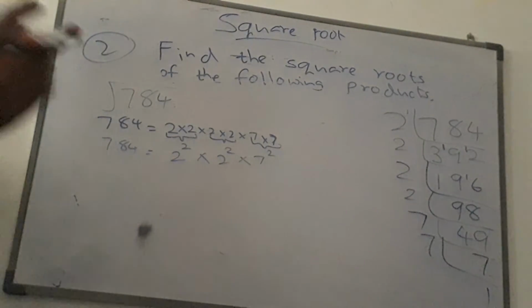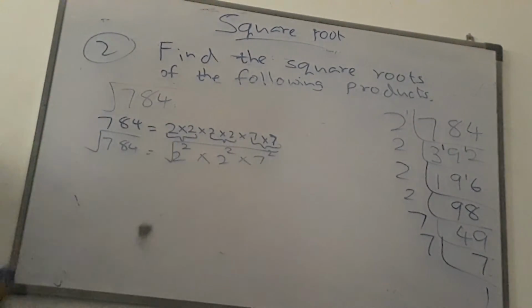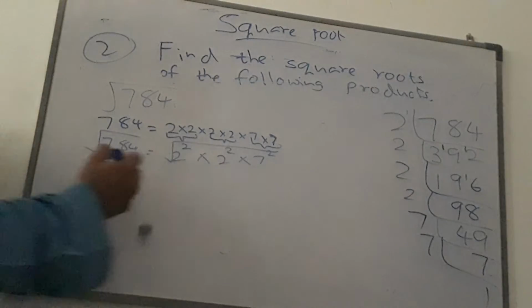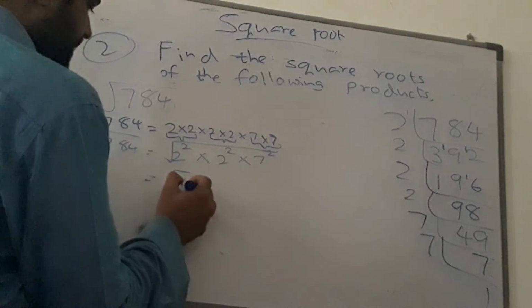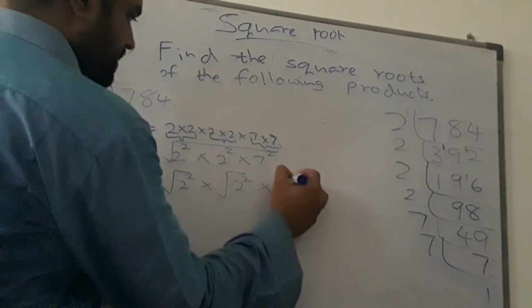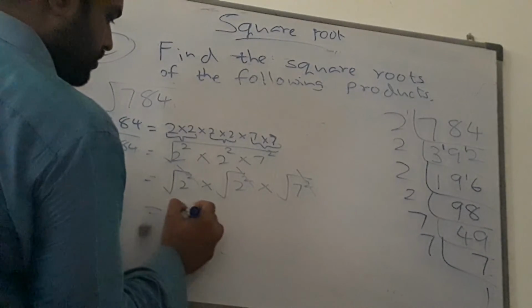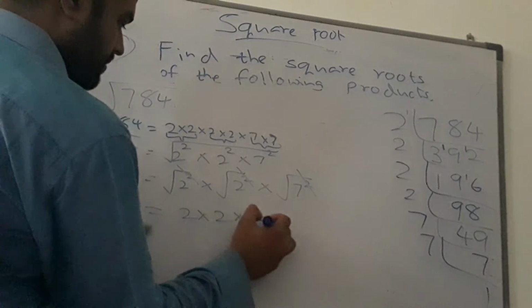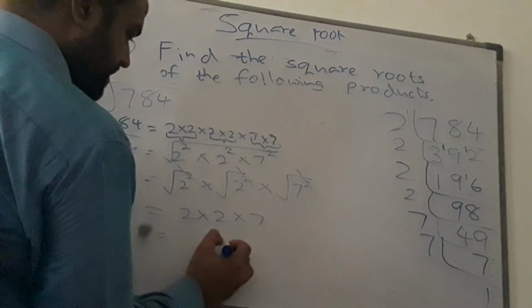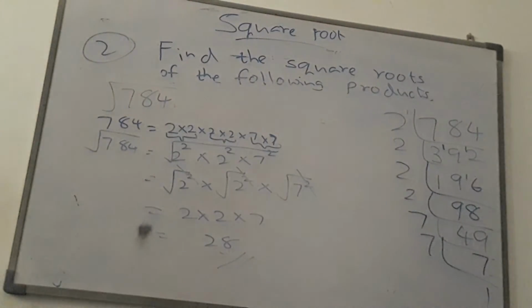Now I am going to find the square root of both the sides, here and here. So we can write it like this. We can break it: 2 square times 2 square times 7 square. Square root gets cancelled. So 2 times 2 times 7. 2 times 2 is 4. 4 times 7 is 28. If you check the square of 28 and you get this answer, then you are correct.